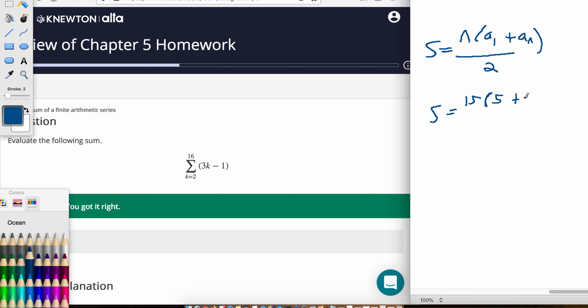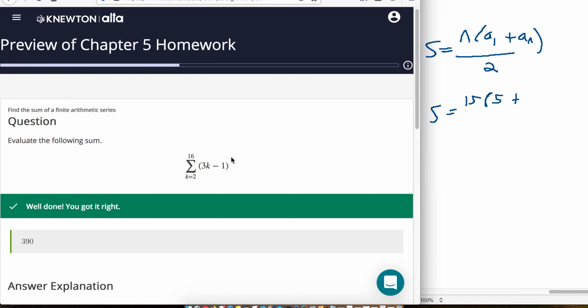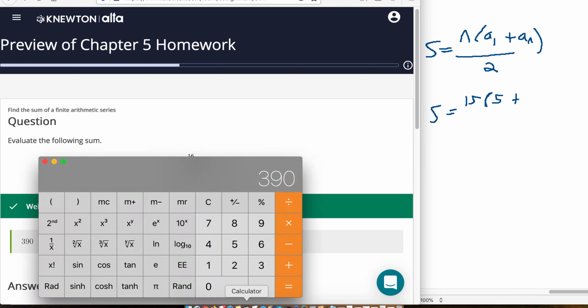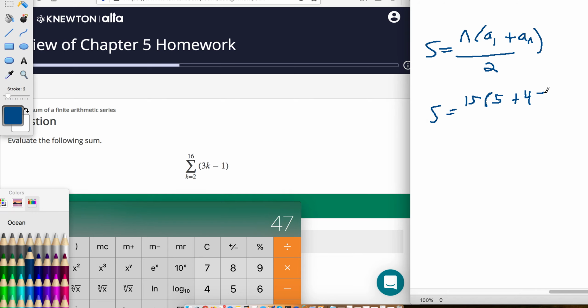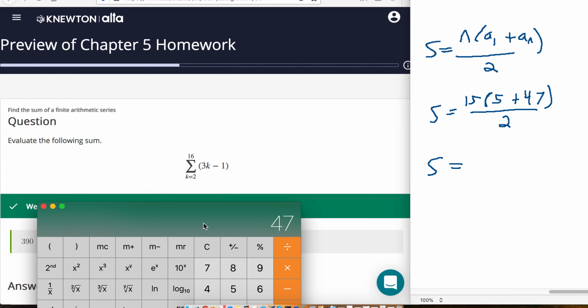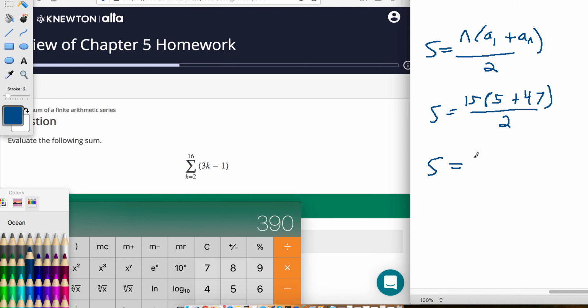And the last term of the series, if you plug in 16, 3 times 16 makes 48. 48 minus 1 makes 47. So if we do 5 plus 47 times 15 divided by 2, it gets us 390, just like we did before.